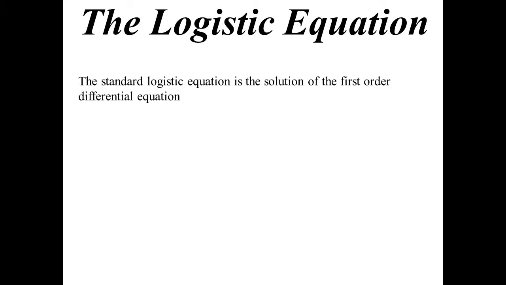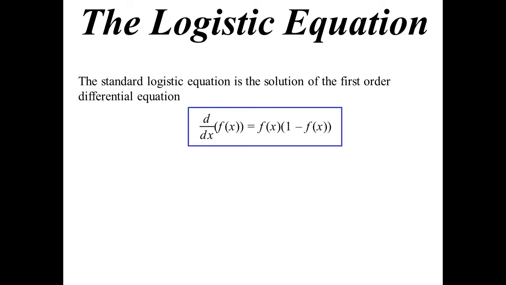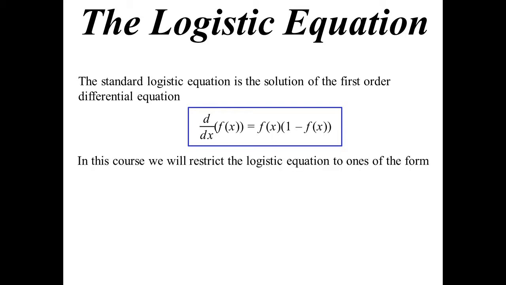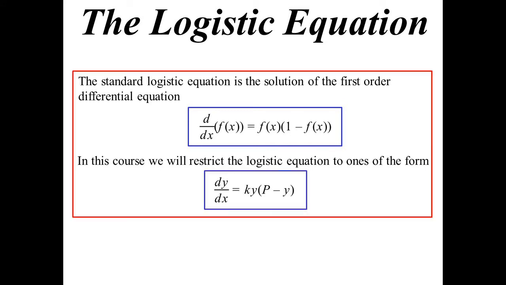We're going to look at a specific differential equation here known as the logistic equation. Now, the standard one looks like this. So the derivative of some function of x will equal that function of x times 1 minus that function of x. Our syllabus says we're going to restrict it down to simply where we have something like this, where function x is simply y.